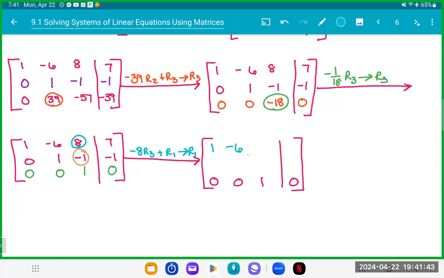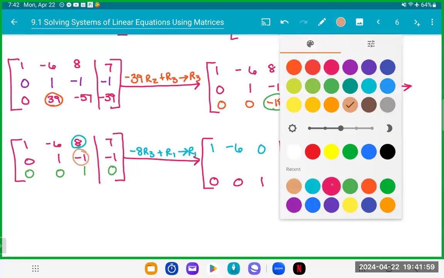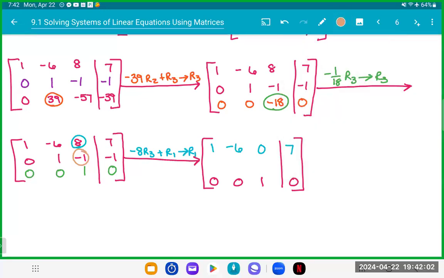So this one we have 8, -8 times 1 is -8 plus 8. That gives us a 0. And when we do something times 0 is still 0, so this will remain a 7. For the second equation, we can just say, let's take row 3, add it to row 2, and replace row 2.